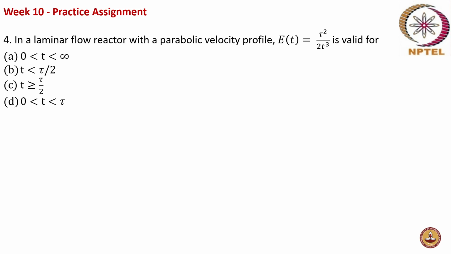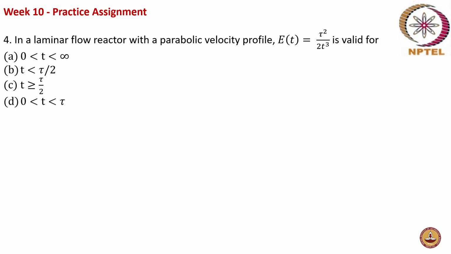Is it valid for t from 0 to infinity, or is it valid for t less than tau by 2, or is it valid for t greater than or equal to tau by 2, or is it valid for t between 0 to tau? For which of these cases, in the case of a laminar flow reactor having a parabolic velocity profile, is E of t equal to tau square by 2t cube valid?